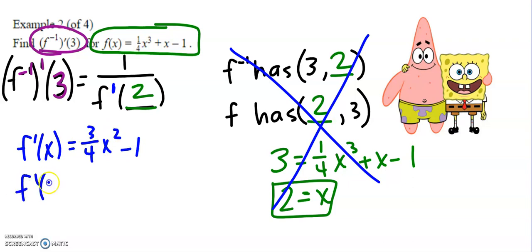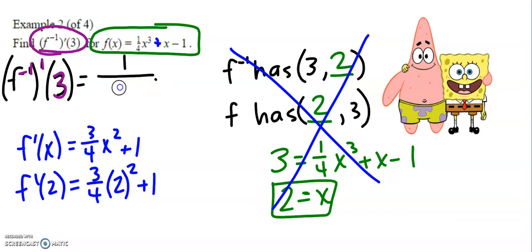I need F prime of 2, so 3/4 times 2 squared plus 1. That's a positive. My fault. So moving here, we get 3 times 4 divided by 4 is 3, plus 1 is 4. So F prime of 2 gets replaced with 4.